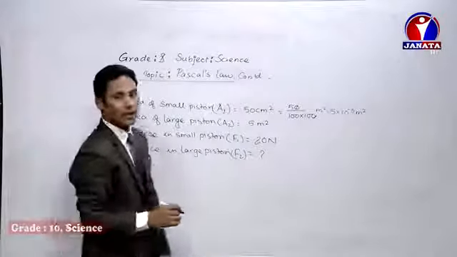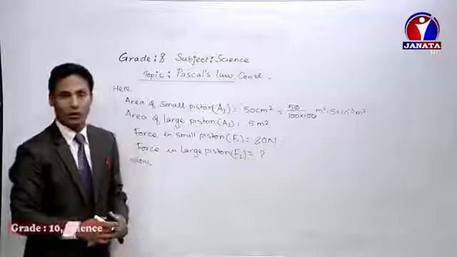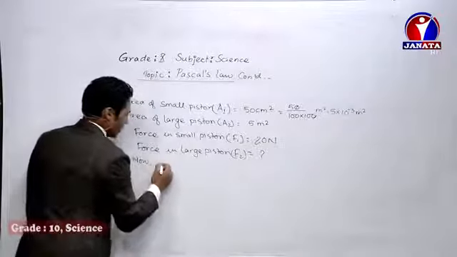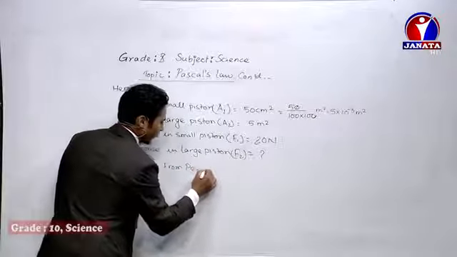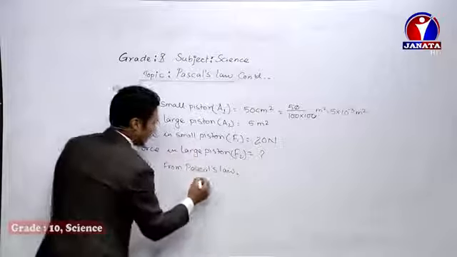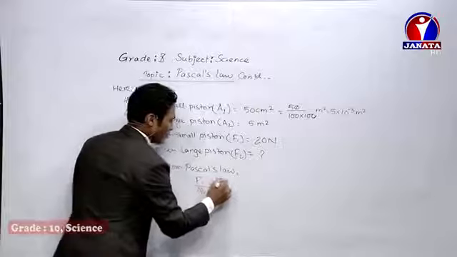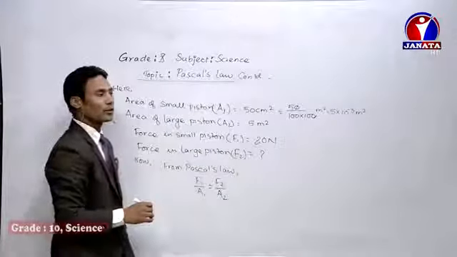Again, this is an application of Pascal's law. It is a hydraulic machine, so we can use the Pascal's law formula. From Pascal's law, F1 by A1 equals F2 by A2, right? So let's put in the values.